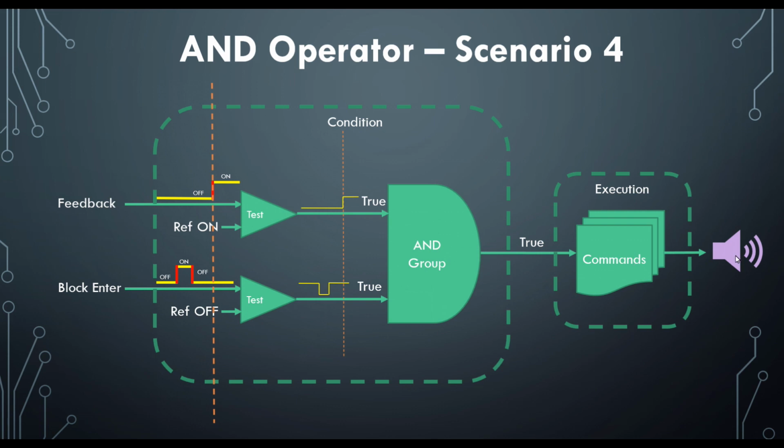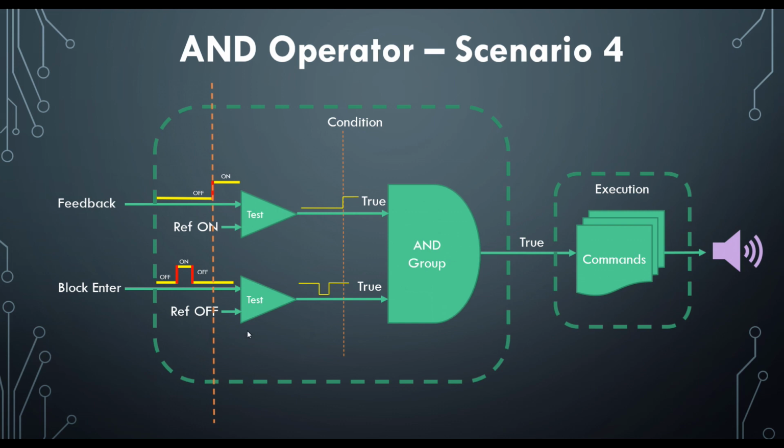But there is a fundamental problem with the scenario that I have set you here, and that problem is this reference off state here. For block enter, and in fact for any of the block element commands conditions, there is no off reference state. The reference state will always be the on or active state.